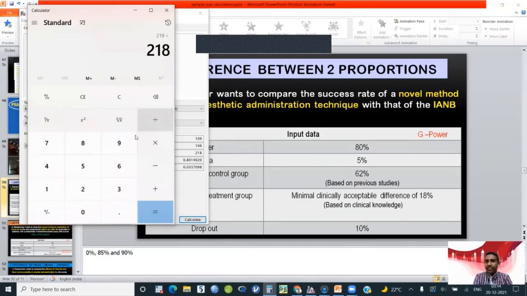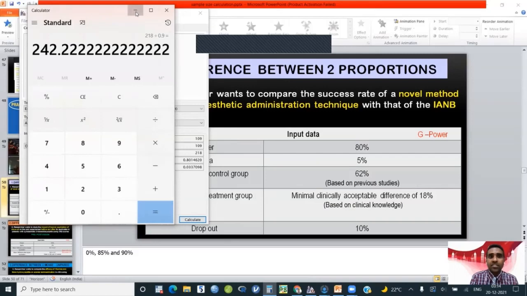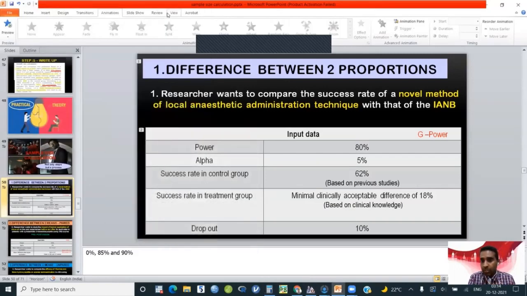So 218 divided by the respondent rate 0.9 is equal to 243 for the two groups. So for even considerations we have to make it 244. We need 244 subjects, or 122 subjects per group, to detect the statistically significant difference between these two groups, considering a dropout of 10%.